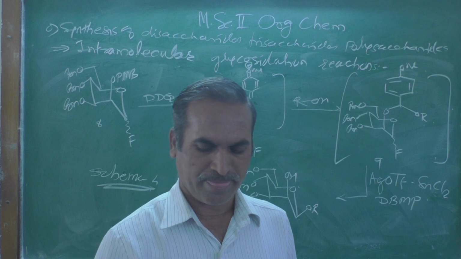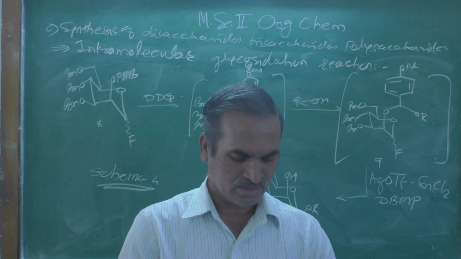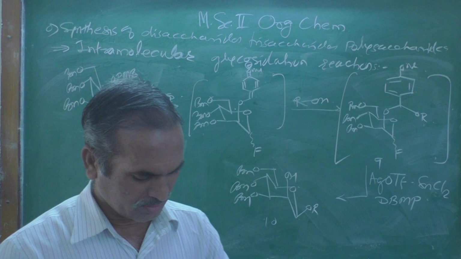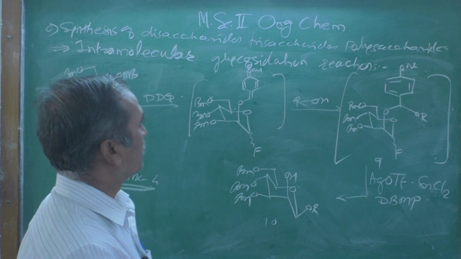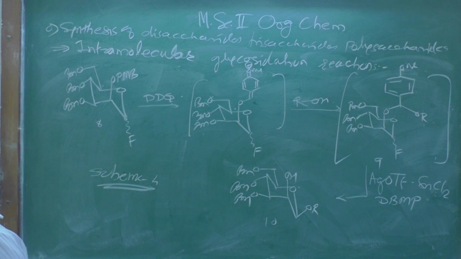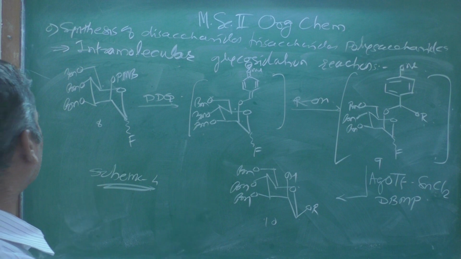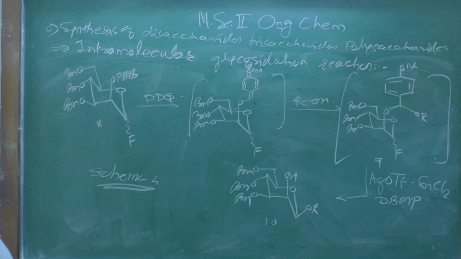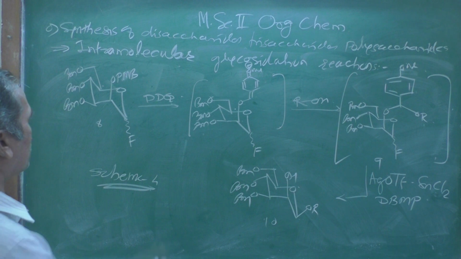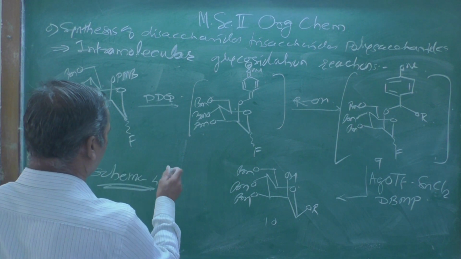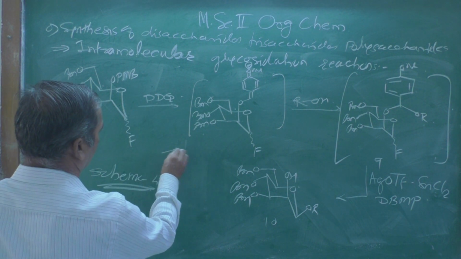So I think with this we have completed the points regarding the intramolecular glycosidation reaction that we have seen with the help of some examples. If you see here, you might know the structure of DDQ is this one.